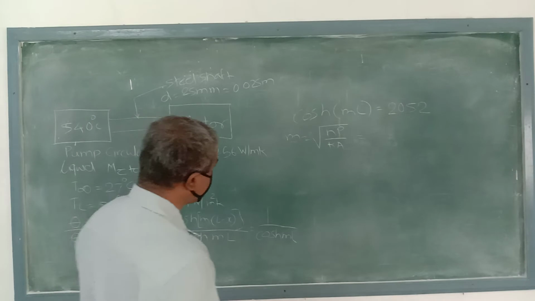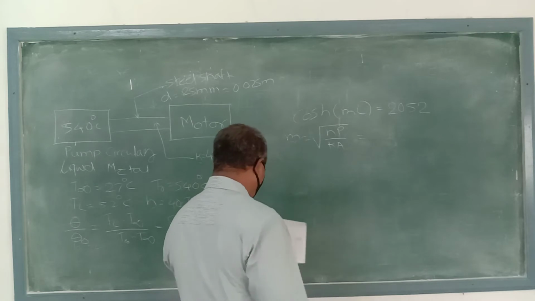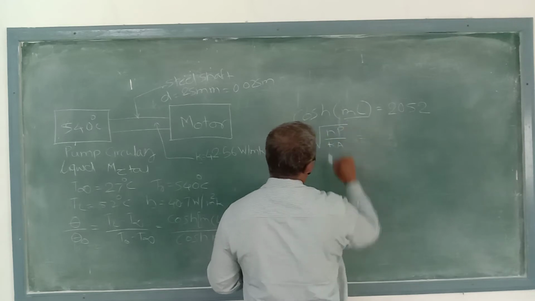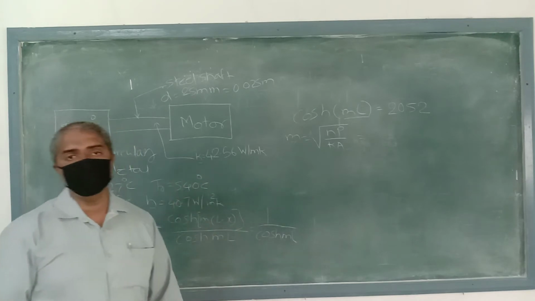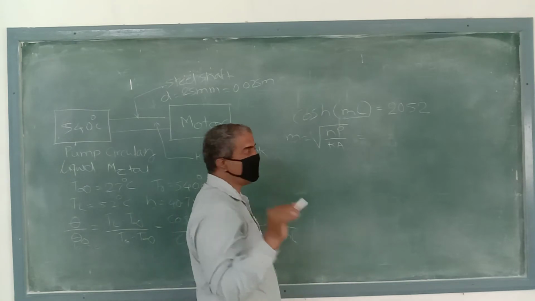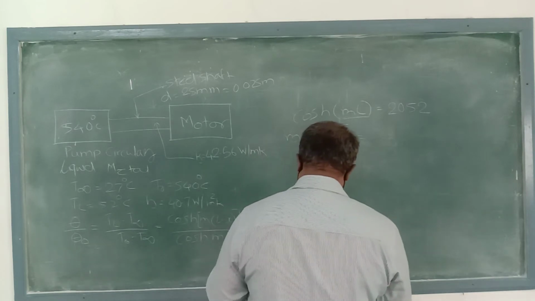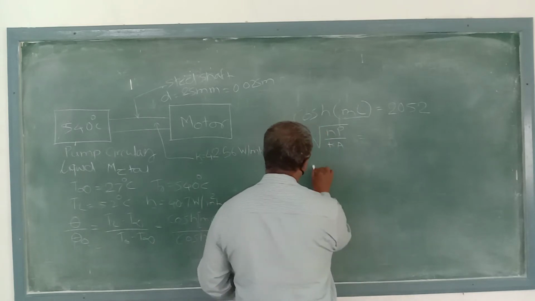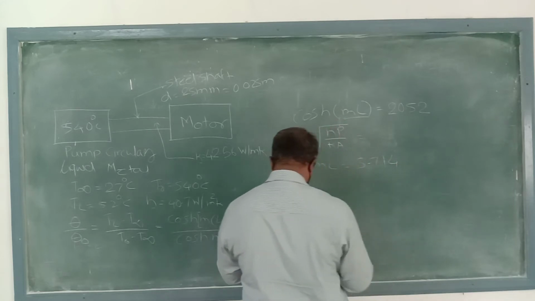So once you know the cos hyperbolic mL value, you are going to find out the length. Okay, so how are you going to find out this length? That is, this value becomes the mL value. We have to calculate the mL value here. So m is known, only unknown is L. So mL becomes 3.714.